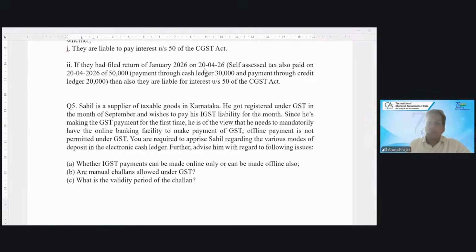Read the question number 5, give me the answer. Giving you 2 minutes. बहुत सिंपल क्वेश्चन है, simple theoretical question.